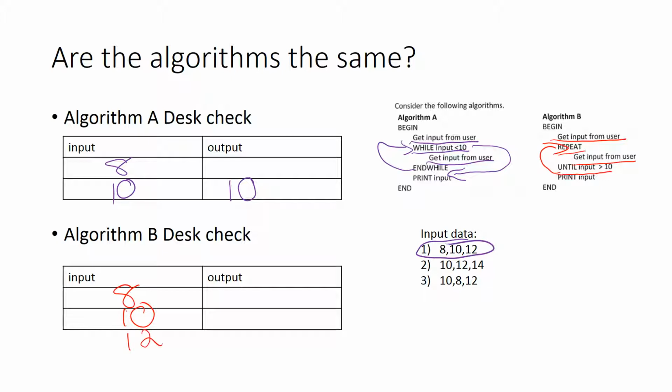And then it will say input is greater than 10. Yes, it is. So then it will come out and go to the print to screen. Sorry that I didn't leave enough squares. So that's showing you straight away that there is a set of data for which they are not equivalent. And there's also another curly reason why they're not equivalent, and I'll show you that in a second.